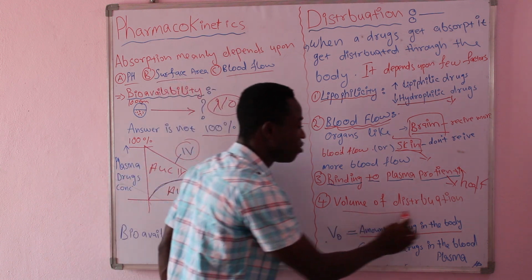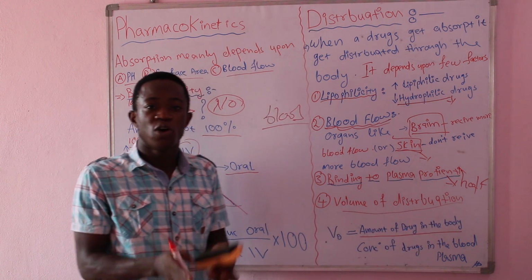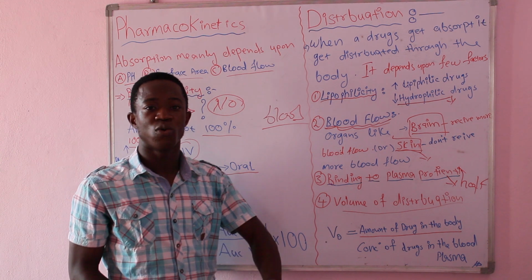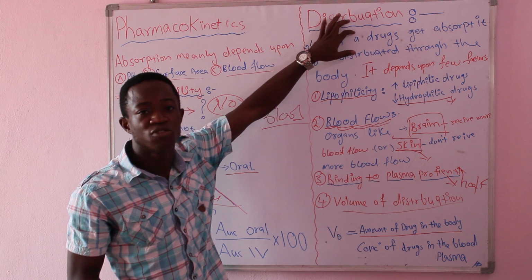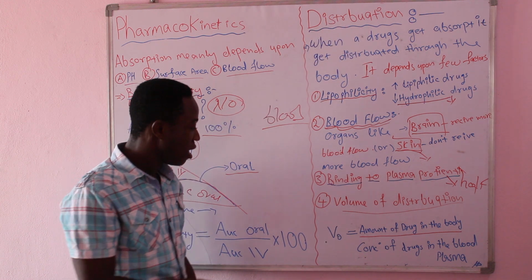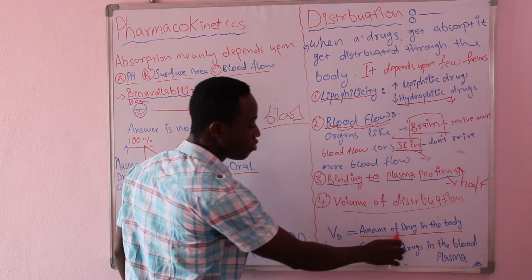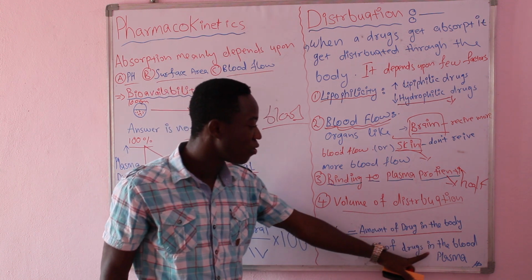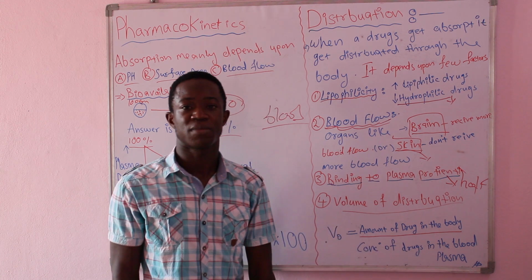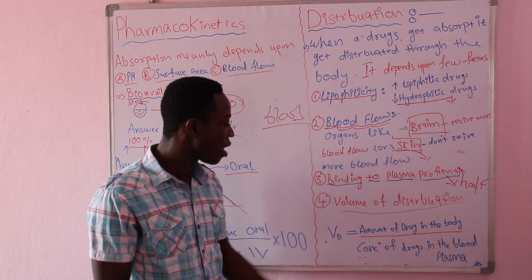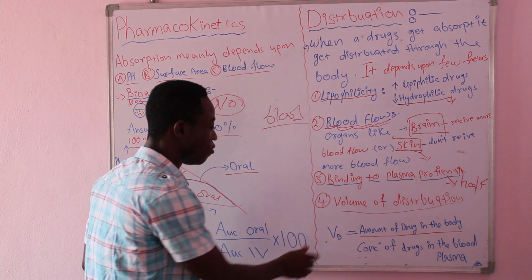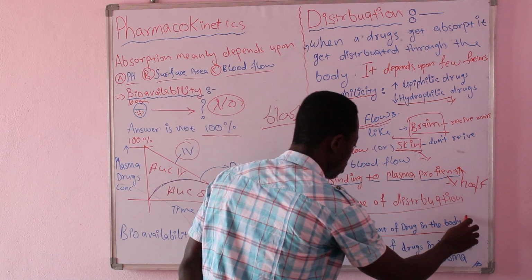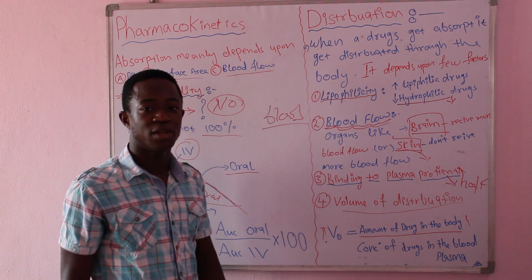Another one is the volume of distribution. The volume of distribution of the drug also plays a key role in distribution. The volume of distribution is the amount of drug in the body divided by the concentration of the drug in the blood plasma. So the volume of distribution is directly proportional to the amount of drug present in the body.